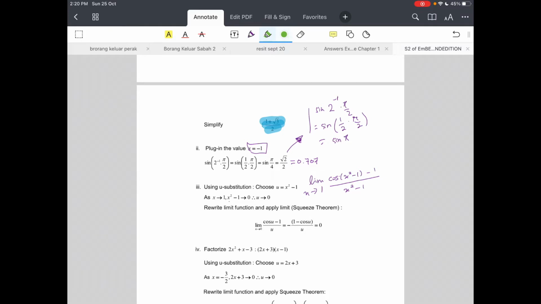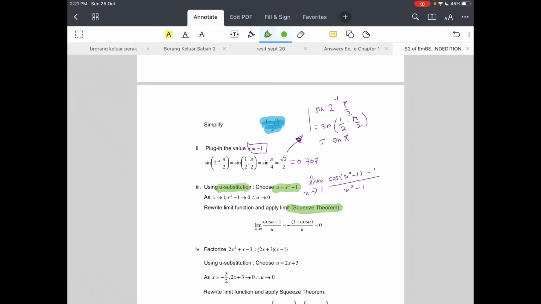Now we pick u equals x squared minus 1. This is going to be our u substitution, and then we apply the squeeze theorem limit. Before that, you need to define the limit approach.